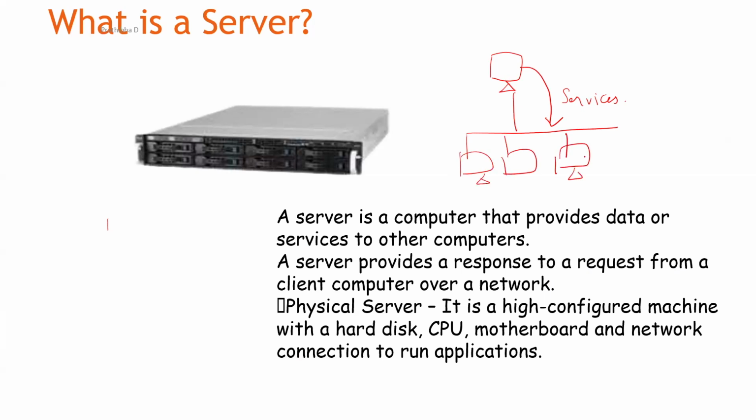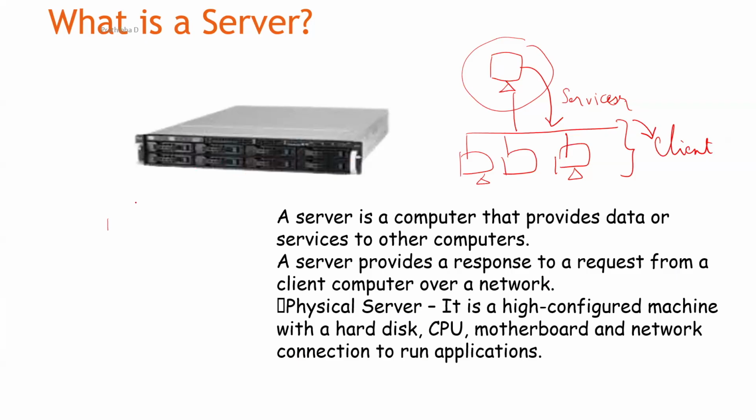So if I'm going to see the two architectures, that is server and client architecture, client is the one which is receiving the services, whereas server will provide the services. You can see it's a highly configured machine. It doesn't look like an actual computer, right?